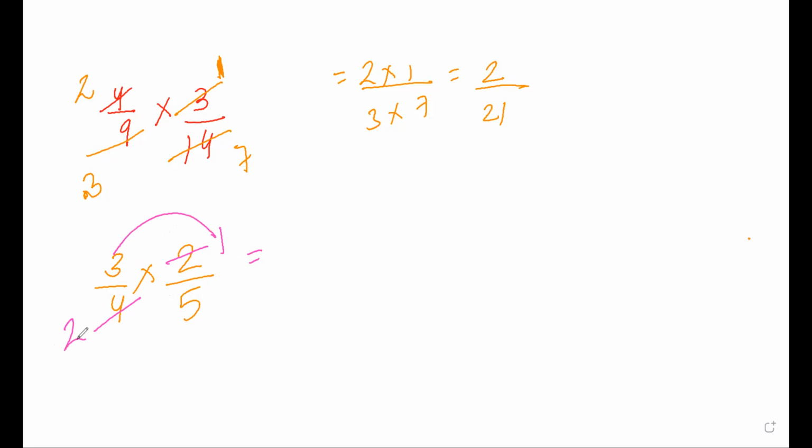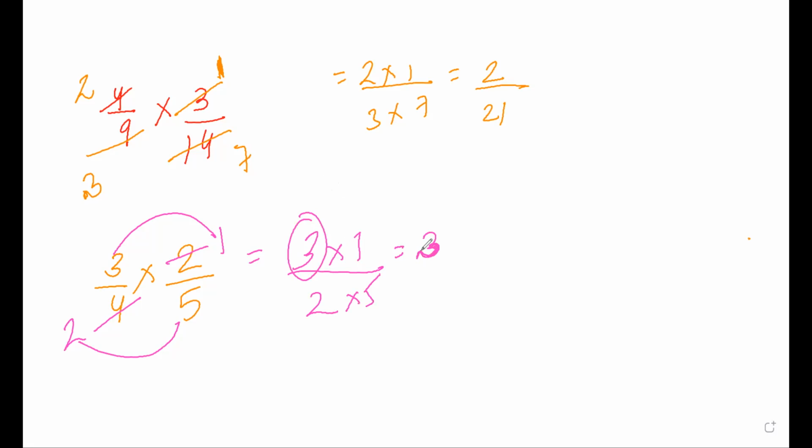Multiply the numerator, multiply the denominator. 3 times 1, what do you get? Juri, any number times 1 is the same number. 3 times 1 is 3.